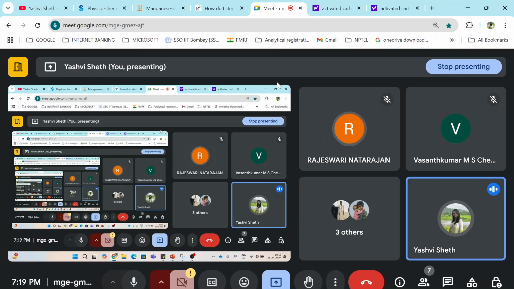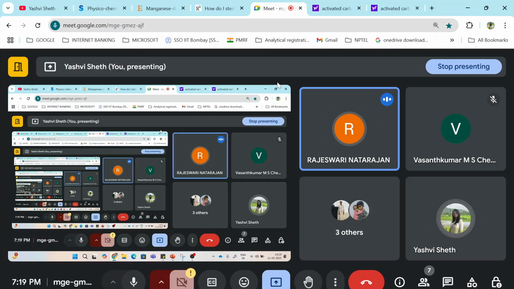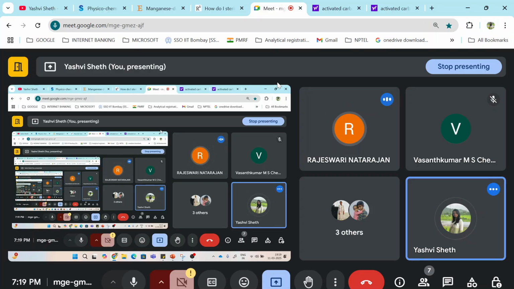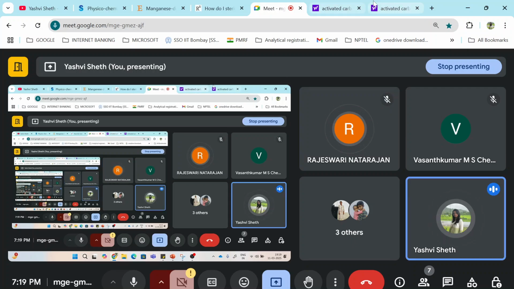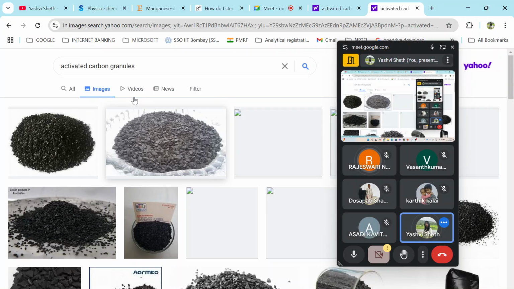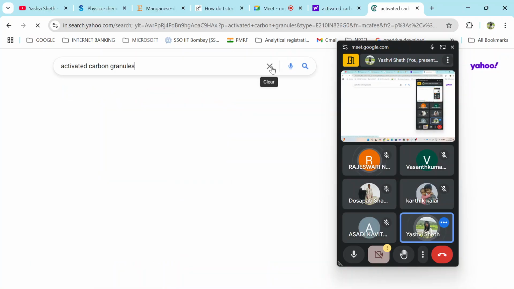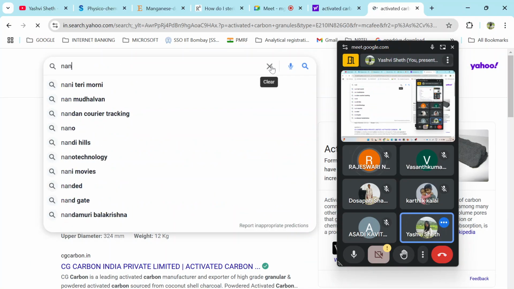And what is the advantage of using nanomaterials here or anything in nanoscale? Small size means large surface area. So for adsorption, if the surface area is large, adsorption is also large. Yeah, very right. So let me show you one image so that you will be able to relate.